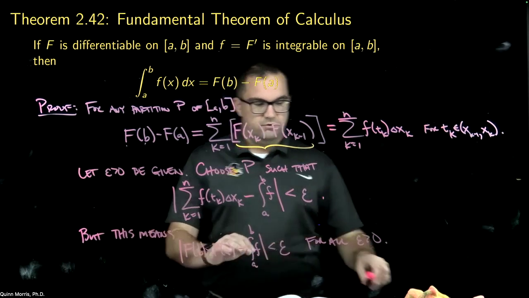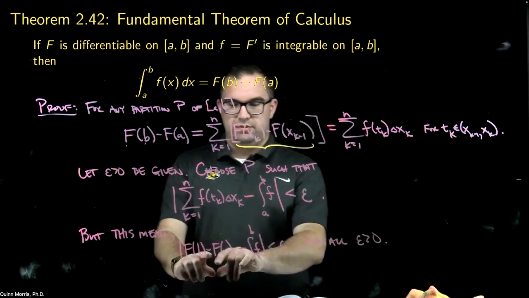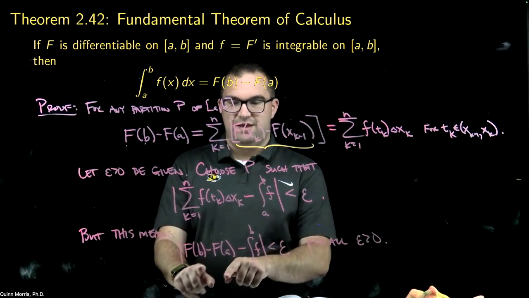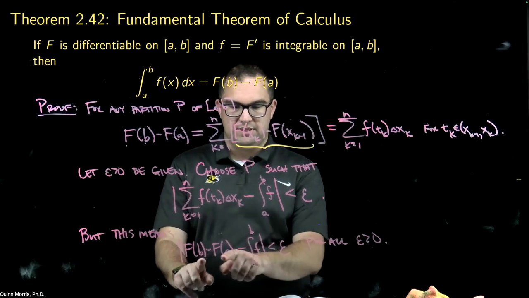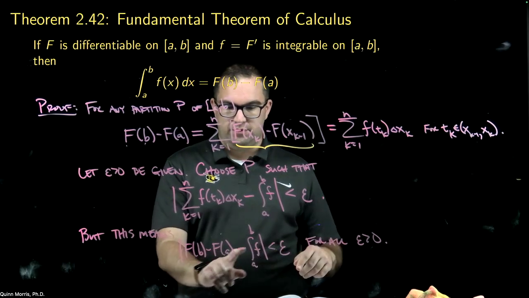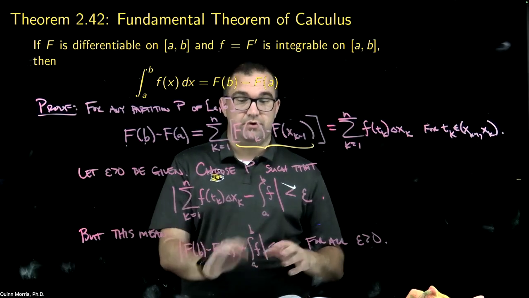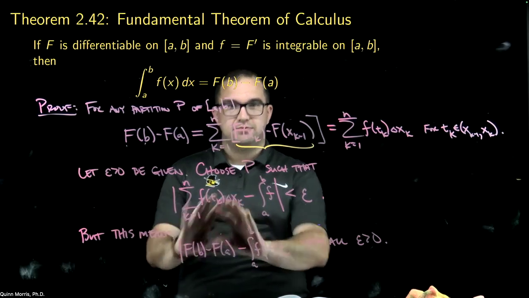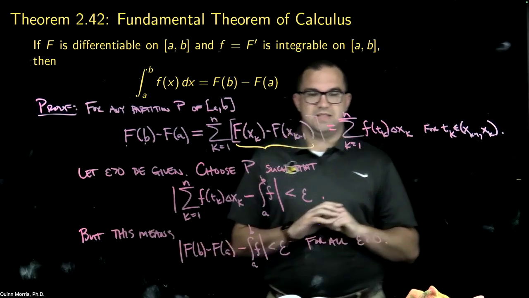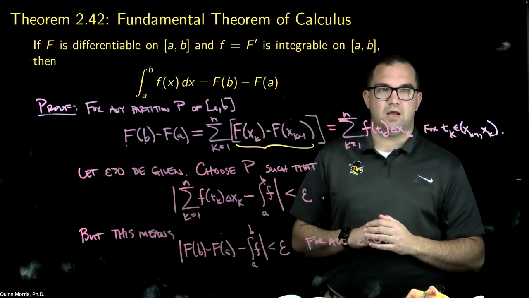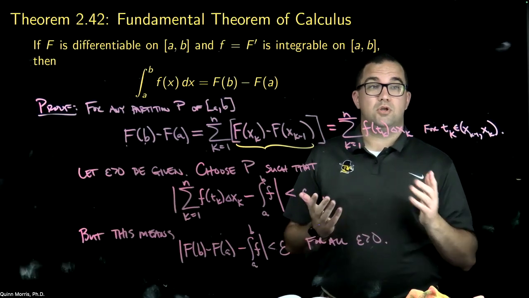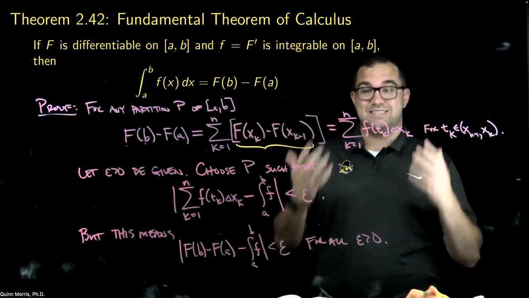Okay, so forget about all the stuff sitting in here. Whatever this is, it's a real number, right? f is a function, a and b are numbers. This is a real number minus the value of this integral, which is a real number. So what you have here is that the absolute value of some real number is less than epsilon for every epsilon greater than 0. There's only one real number that holds for. That's 0.